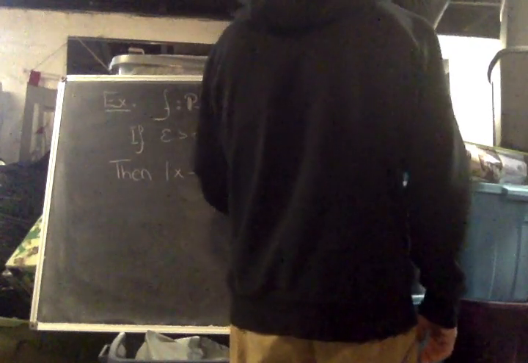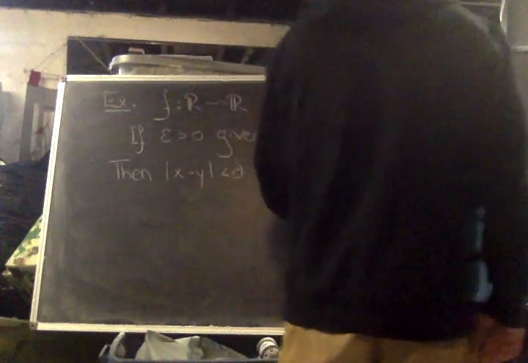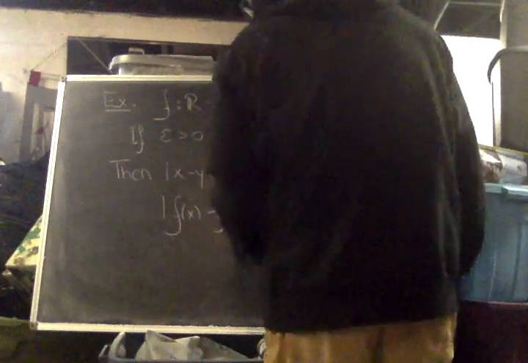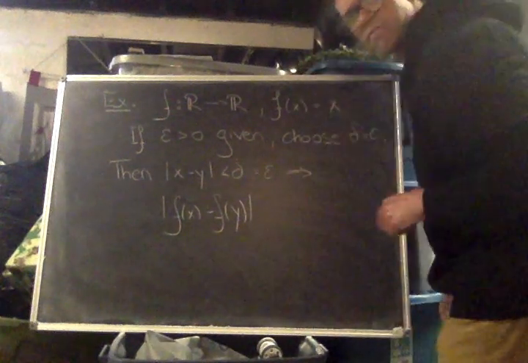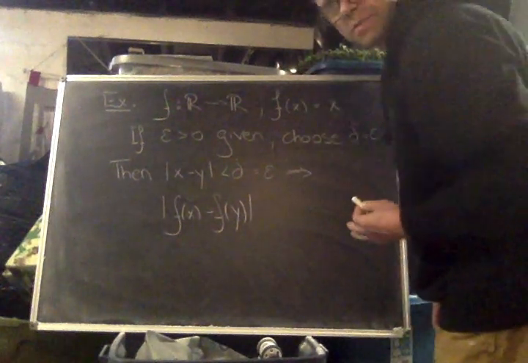then the condition that the absolute value of x minus y is less than delta, which is equal to epsilon, means, of course, that we want the absolute value of f of x minus f of y to be less than epsilon.